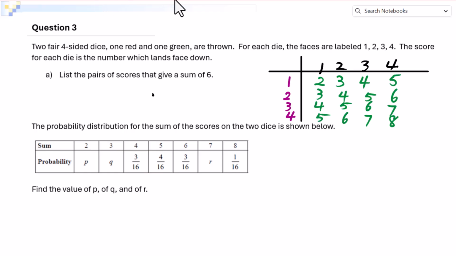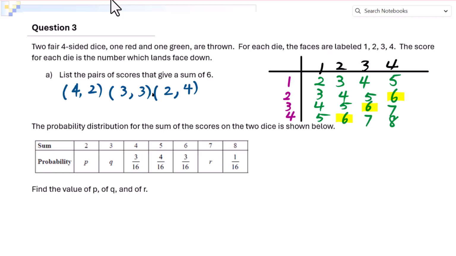From this list of outcomes, the pairs of scores that give a sum of 6 will be 4, 2; 3, 3; 2, 4.